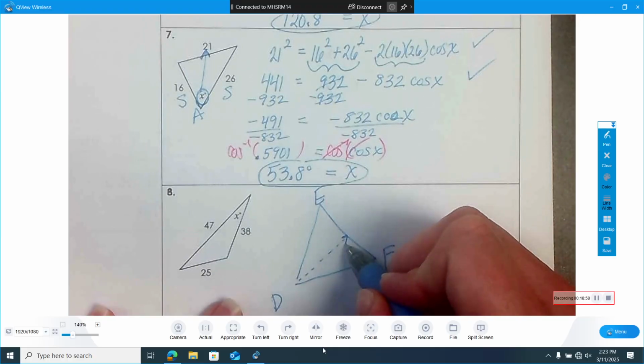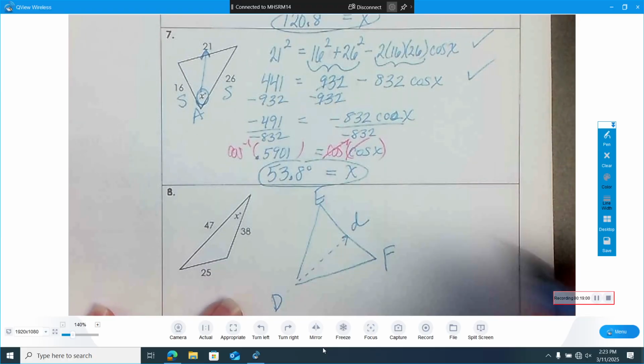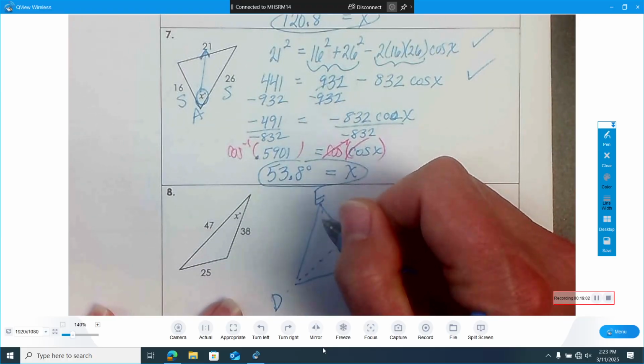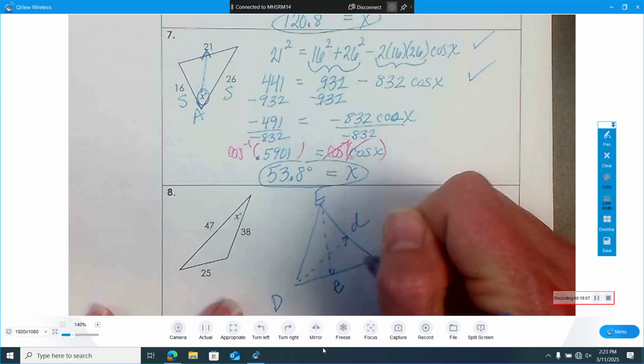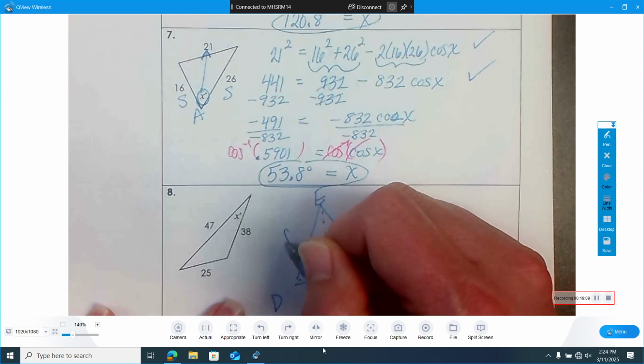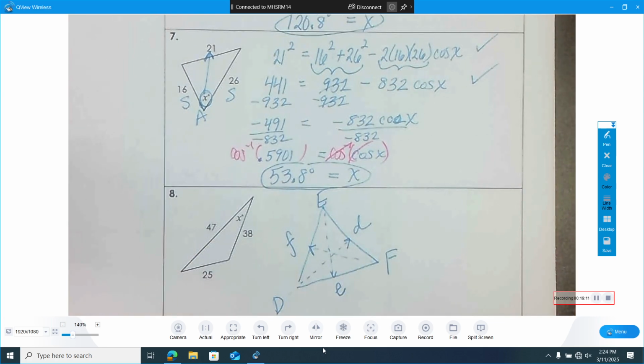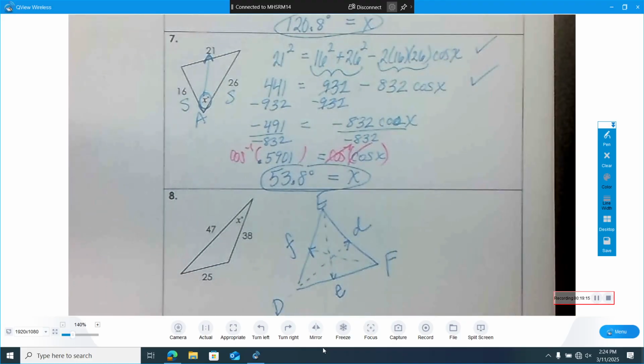So opposite angle D is lowercase d. Opposite angle E is lowercase e. And opposite angle F is lowercase f. So take your time setting up those triangles and get that first line or two in, and the rest you can do on your calculator.